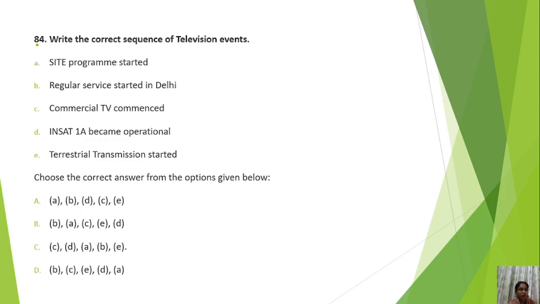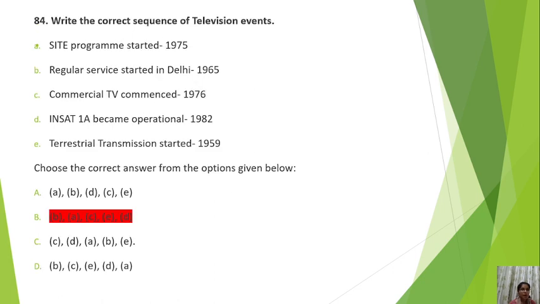So first, what was the first event? Terrestrial transmission started. Then regular service started in Delhi, because firstly it would not be regular, of course, because we are in the nascent phase. Then regular service started, and then the SITE program started. Then commercial TV commenced, and then INSAT 1A became operational.